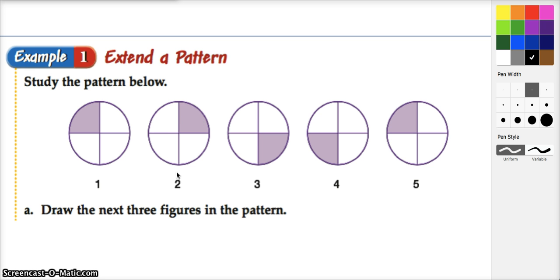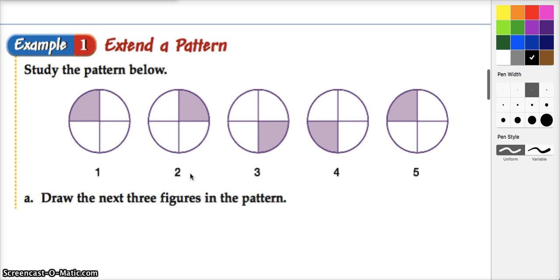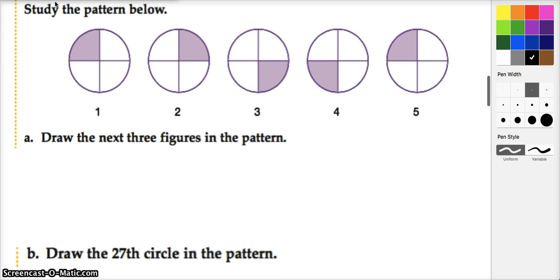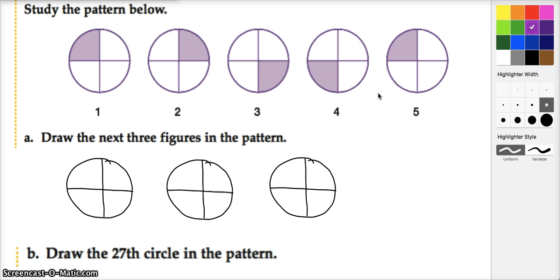We're going to take a look at 1, 2, 3, 4, and 5 and look at the placement of the colored quarter, or the colored part of the circle. You see we've got up left, up right, down left, up left. And if you think that the next one will be shaded up to the right, then that's what I think would happen too.